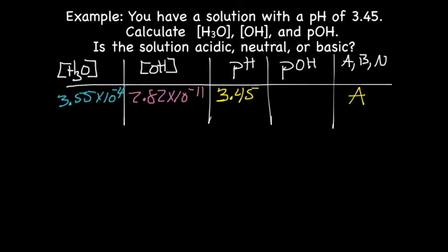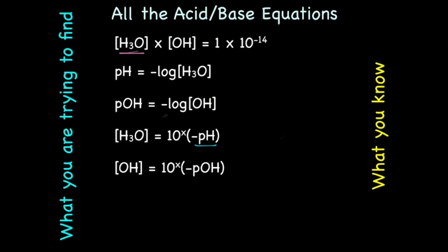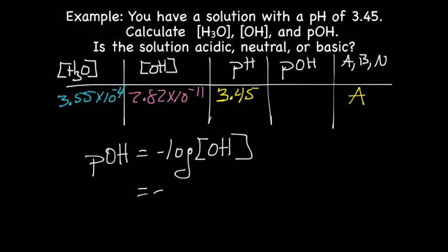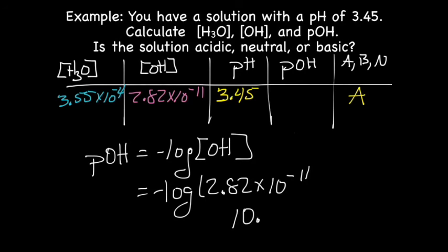So the only thing left we need to find out is pOH. So let's see, to find pOH, I can use a negative log of OH. So pOH equals the negative log of concentration of OH, so equals negative log of 2.82 times 10 to the negative 11th, which gives us a pOH of 10.5.